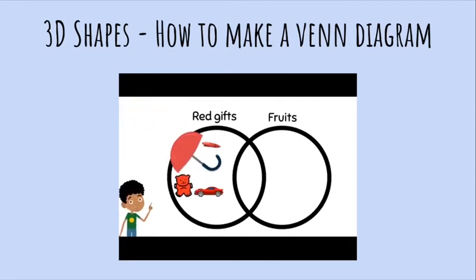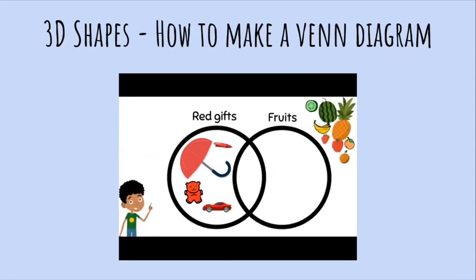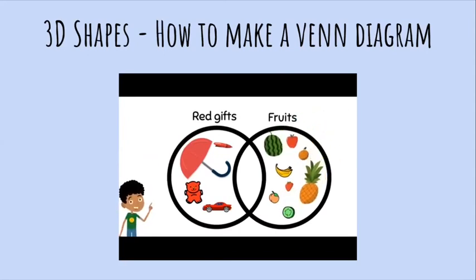Then he started grouping the items inside the circles. Red gifts go inside the first circle. Fruits go inside the second circle. And the red gifts that are also fruits, such as this apple and the strawberry, go into the overlapping part of the circles.